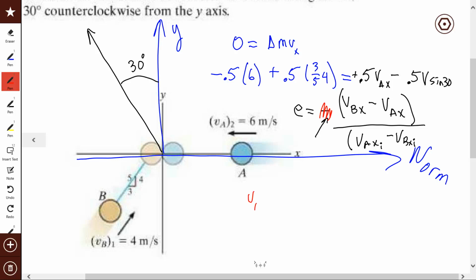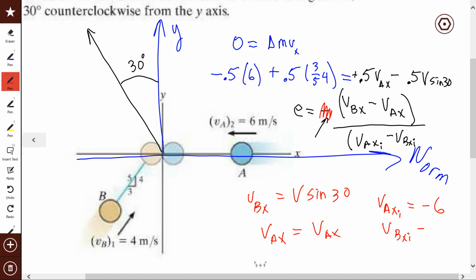VBX at the end is equal to the speed times the sine of 30. VA in the X at the end is equal to VAX. VAX initially minus 6, VBX initially 3/5 times 4.